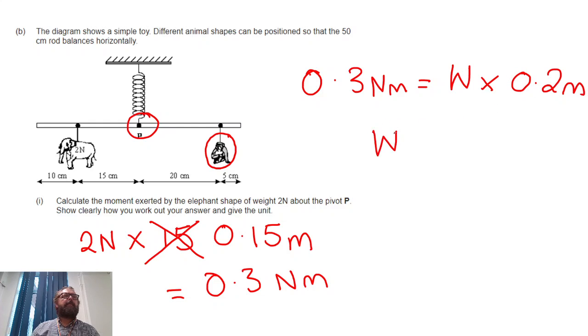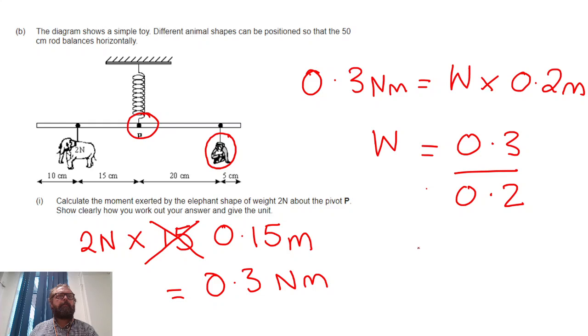The monkey is going to weigh 0.3 divided by 0.2. The monkey's weight is 1.5 newtons.